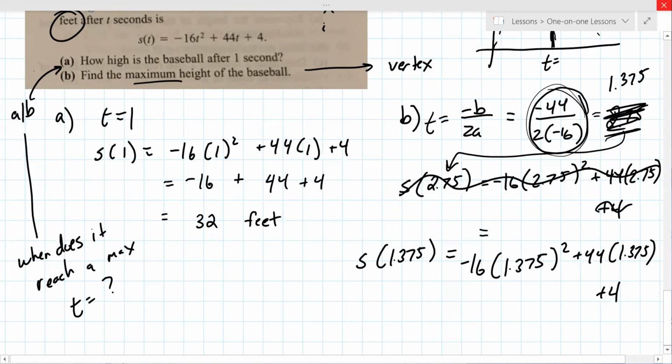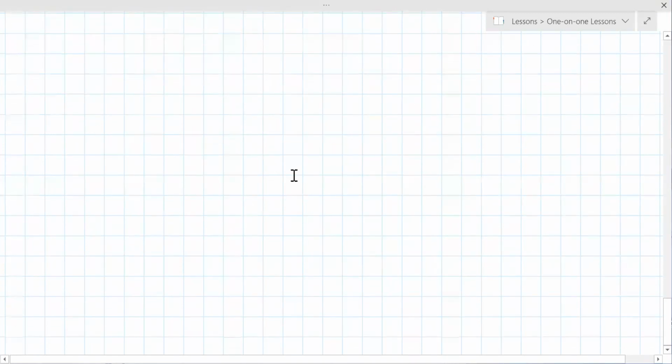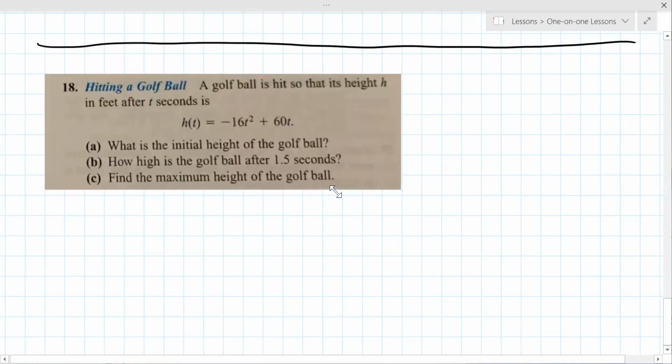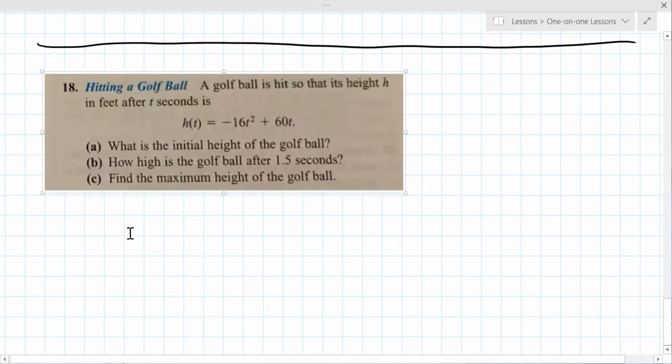What is the initial height of the ball? It's whatever the function tells you at t equals 0. So the answer to your question is yes. When t equals 0, h of 0 equals minus 16 times 0 squared plus 60 times 0, which is 0.